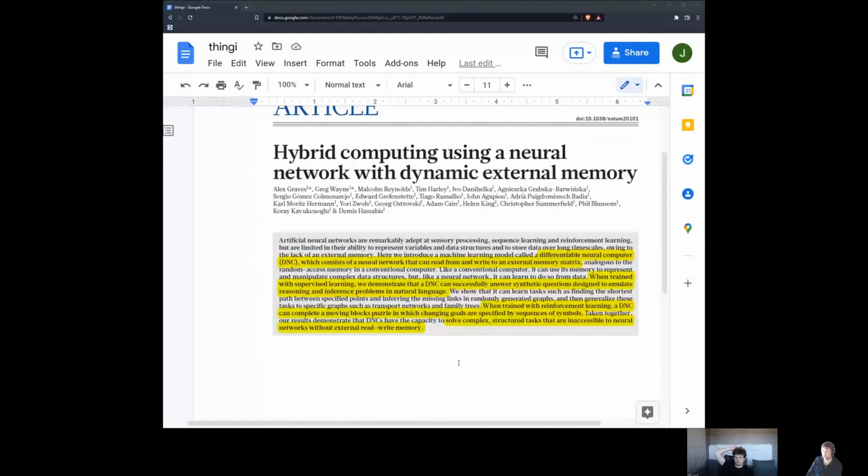With supervised learning, they demonstrated answering synthetic questions, like John is playing ball in the garden, where is the ball? And the neural network understood where the ball is. This was to emulate reasoning and inference problems in natural language.